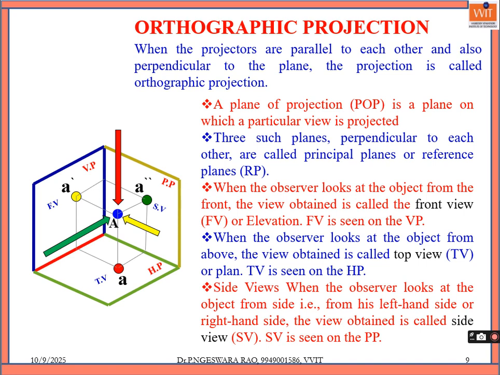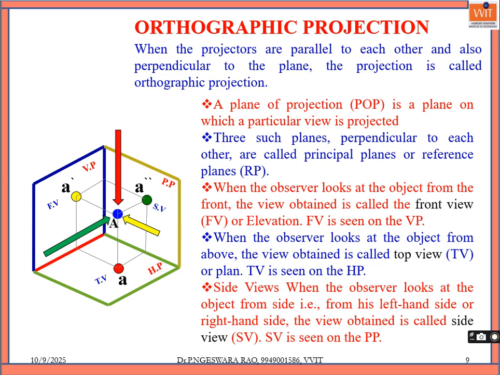So till now we discussed the meaning of projection, and next the meaning of orthographic projection, and the basic reference planes for the projection concepts: vertical plane, horizontal plane, and profile plane. We learned about the different views: front view, top view, side view.